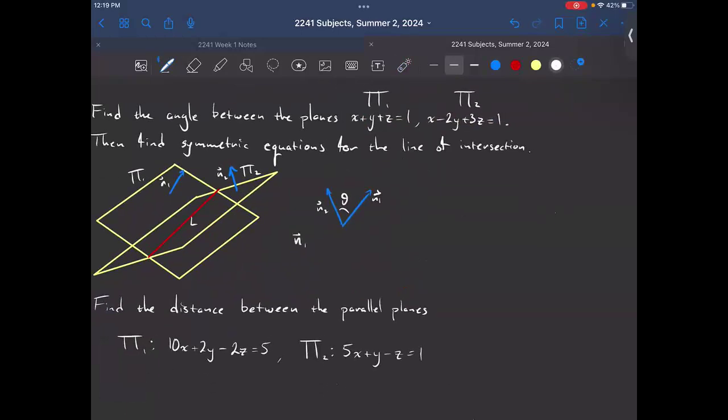So n1 should be (1, 1, 1). And n2 should be (1, -2, 3). Those are our two vectors now.